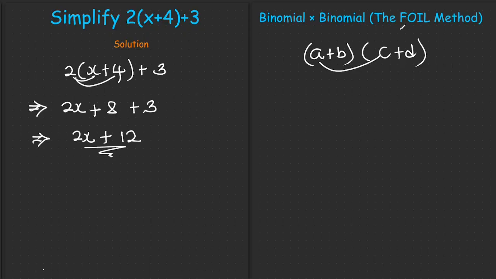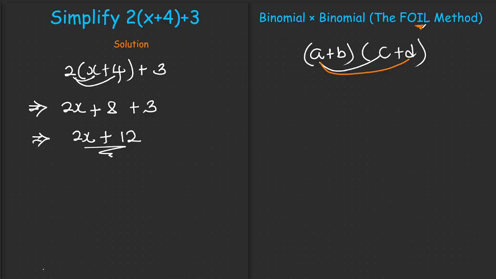Then O means you multiply the outermost terms. In this bracket, which one is outside? Which one is the outermost term? That is A. In this bracket, the D is also the outermost term. So we multiply A by D as well. That is O. Then you multiply the innermost terms.